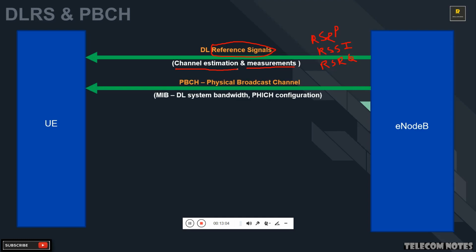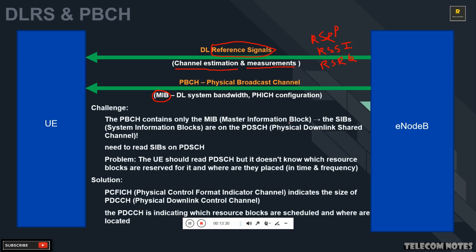After that, it reads PBCH, physical broadcast channel, having the master information block. It will get from the master information block the downlink system bandwidth and PHICH configuration. So the challenge over here is the PBCH contains only the master information block.